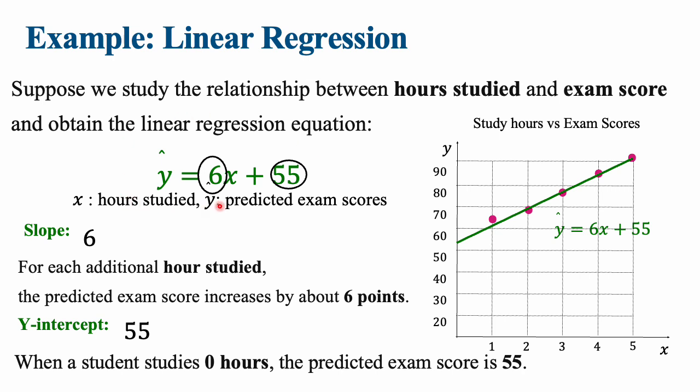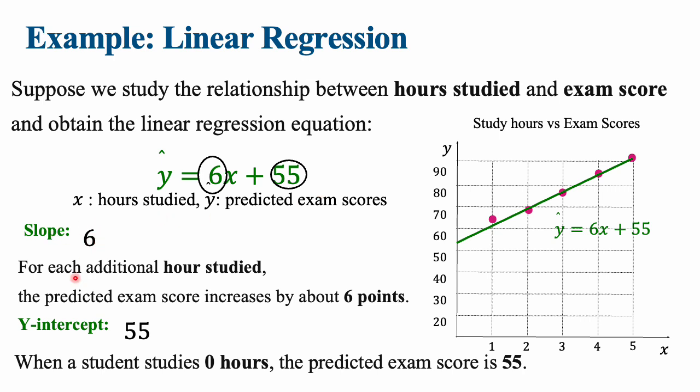When you use the equation of linear regression, you predict the exam score; it's not from the data. So understand this very carefully. We plot the data set, find the linear regression line, then use the line to predict the exam score based on the x value.